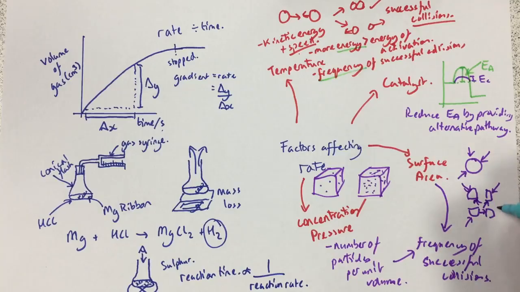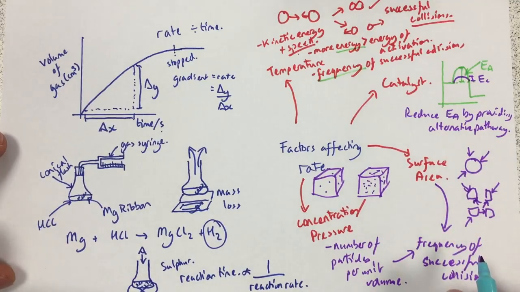So we've increased, by making it go from a lump to smaller chips or smaller chunks, and then we could take that one step further to a powder, we increase the surface area. So powders have a greater surface area than solid lumps because you can get to all of the internal particles as well as the external. So again, by enabling there to be more of the solid surface in contact with the other reactants, we increase the frequency of successful collisions.